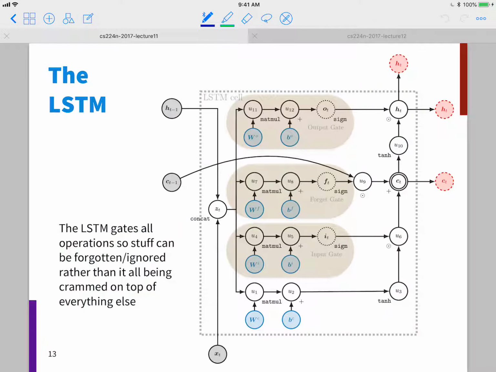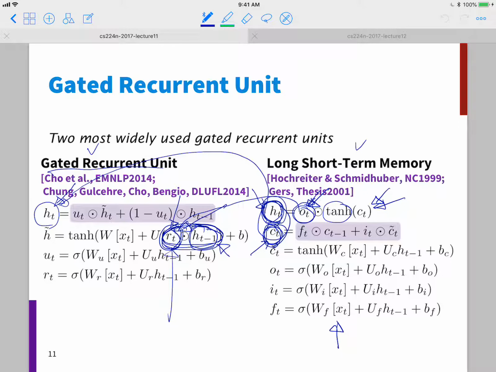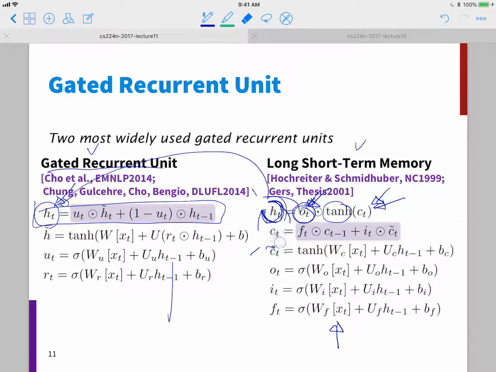So let's see. As discussed in the class, this is the most important equation in the LSTM, or behind the success of LSTMs or GRUs.